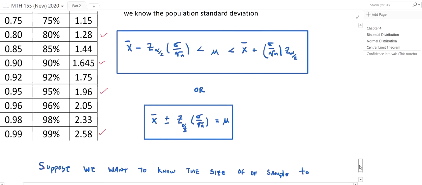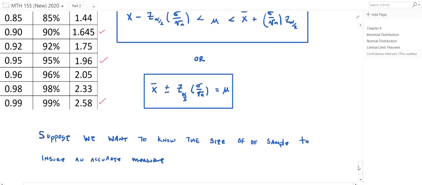Well, to handle this, we can start with our margin of error.